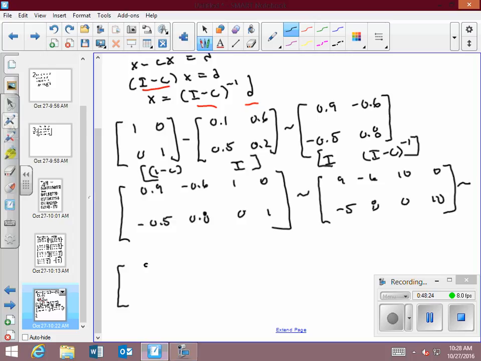So I get 9. Either that or else you can divide 9 into the first column to get 1 up there, and then deal with fractions that way. Which way do you want to do it?